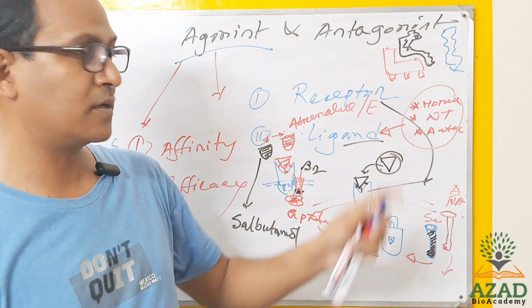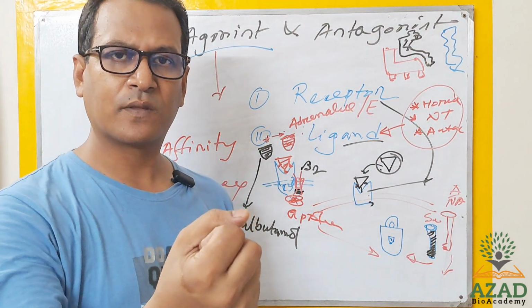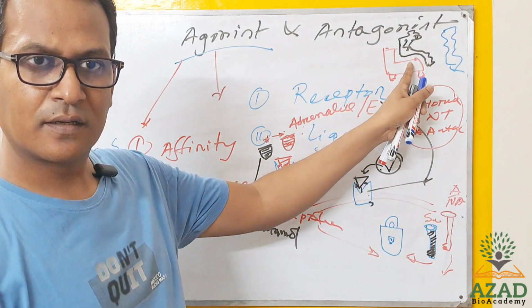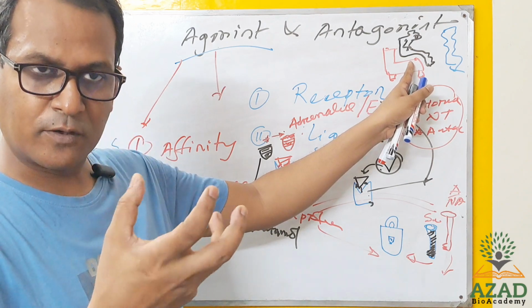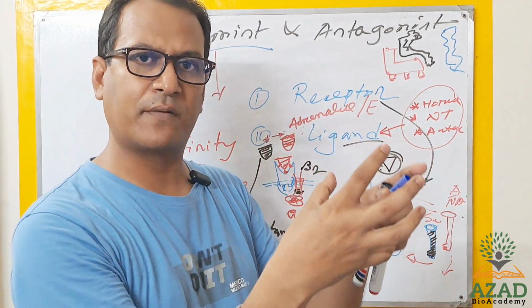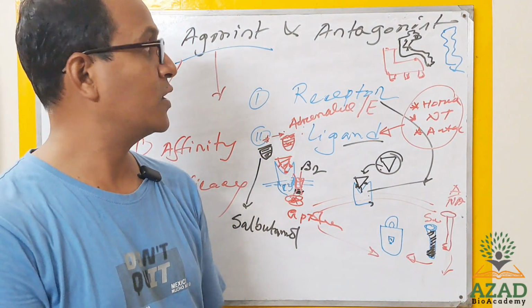So this is the vice chairman's role. If a peon tries to sit on the chair, will the peon be able to perform the official duties? No. But the peon has the particular affinity to sit on the chair.